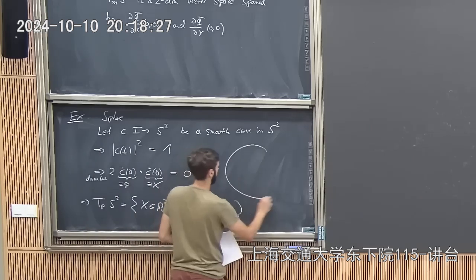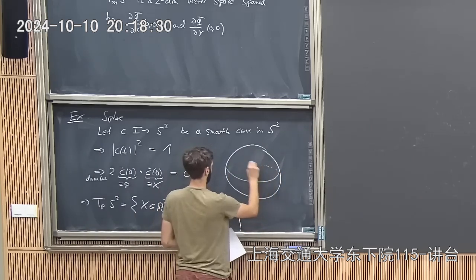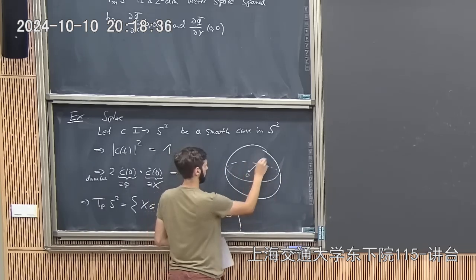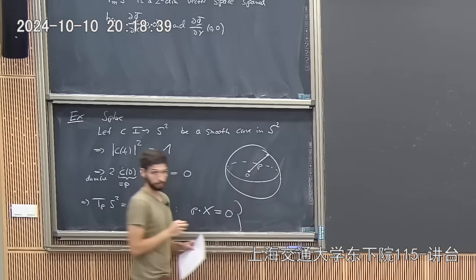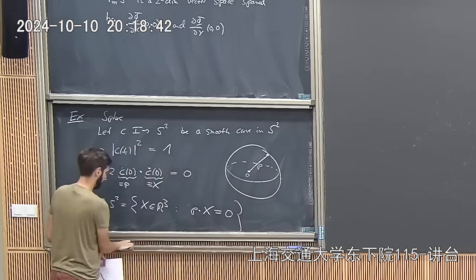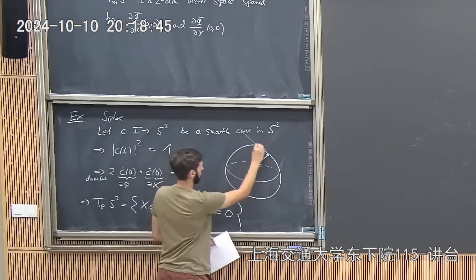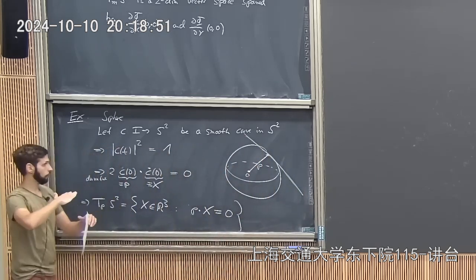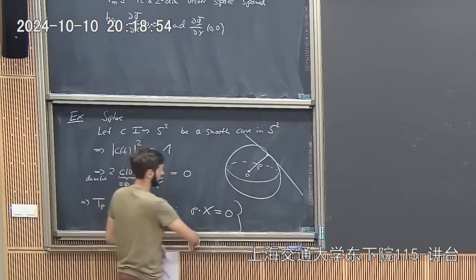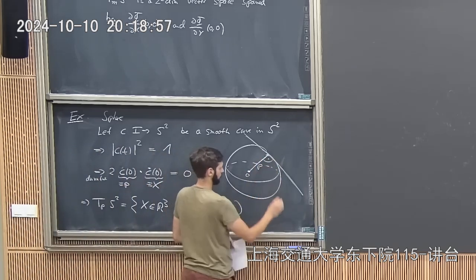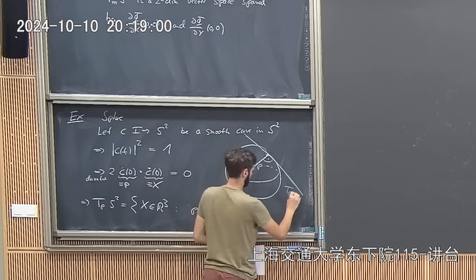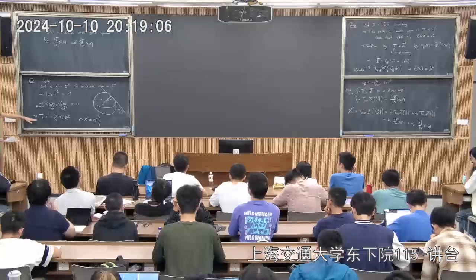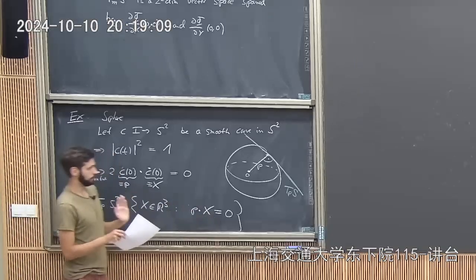And the picture is this: we have our sphere, we take the origin, and then we get a vector which gives you the point. So that's p. And from this picture, you see that the tangent space are all the vectors which are orthogonal to p. So the tangent space that we calculated here are all the vectors that are orthogonal.